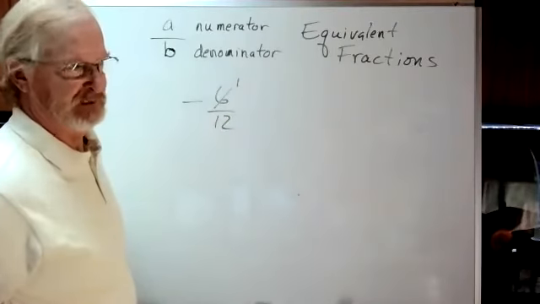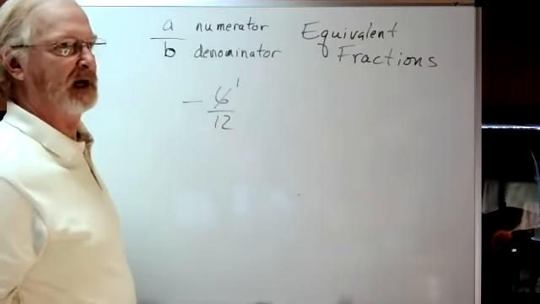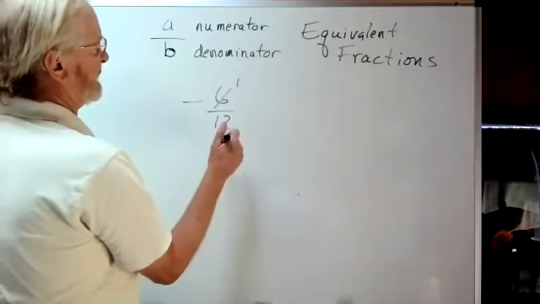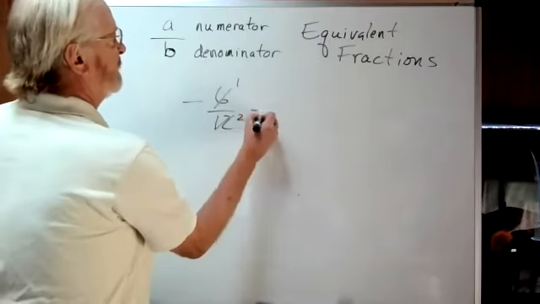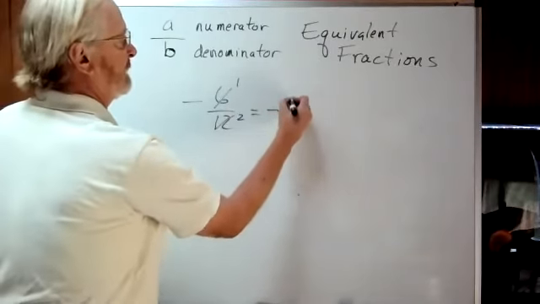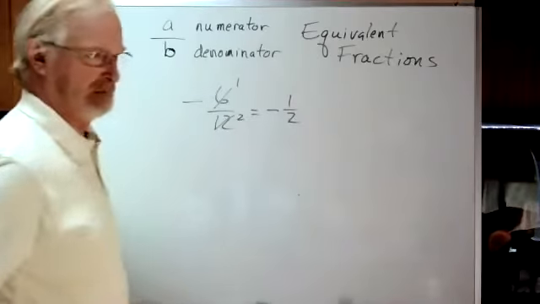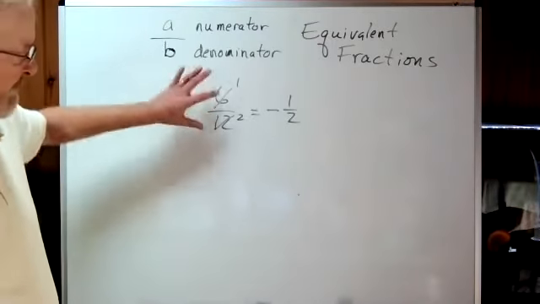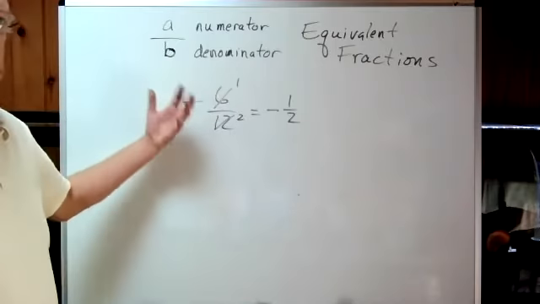We don't always show what we're dividing by as long as you're careful about keeping track of these things. If I divide that by 6, I got a 2 left. So 1 over 2, and it was negative, stays negative. This is the shortcut notation folks will often use to reduce to lowest terms.